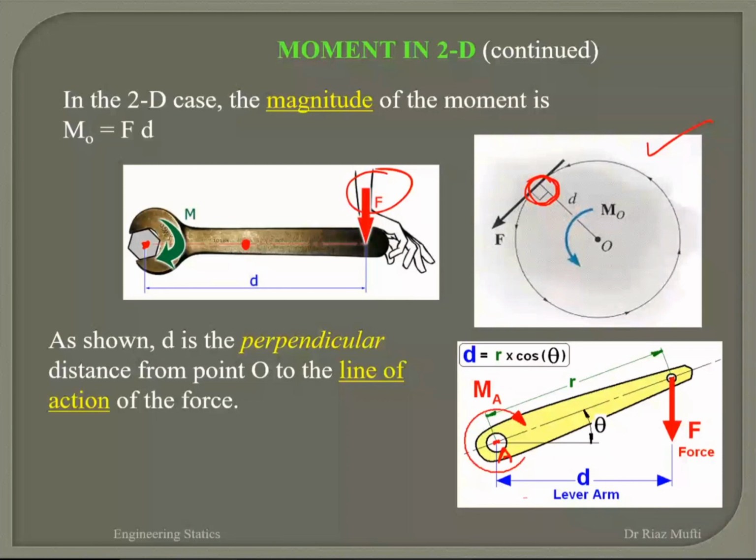I need force into perpendicular distance. So that's the force. My perpendicular distance is, oh, that's a bit strange. This is not my perpendicular distance from force. That is strange. How am I going to calculate moment in this scenario? Can anyone help me, please?